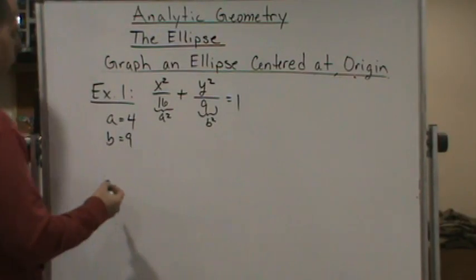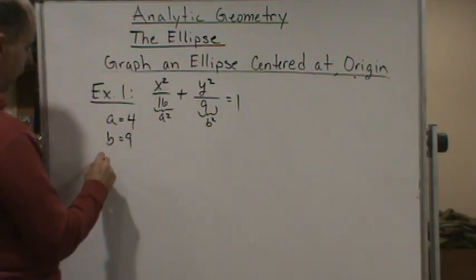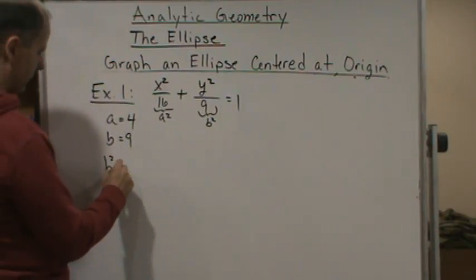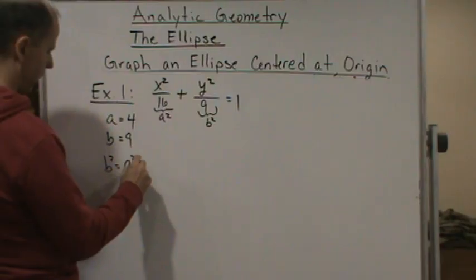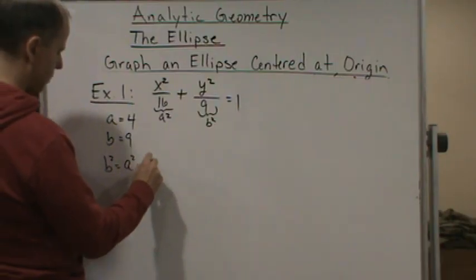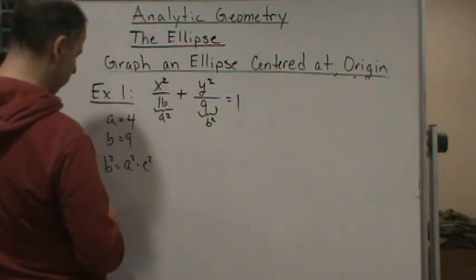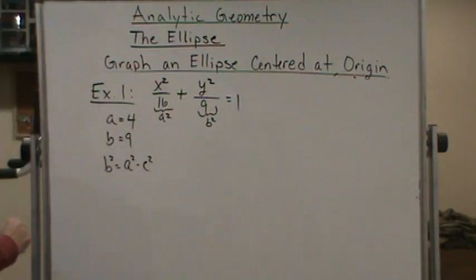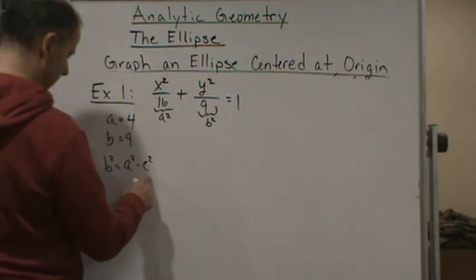Of course, now I can use the fact that b squared is equal to a squared minus c squared, right? Which means that if I want to solve for c, I just switch the b and the c.